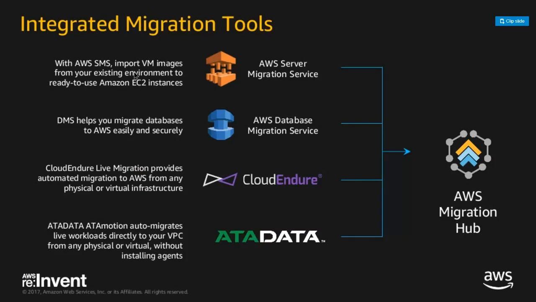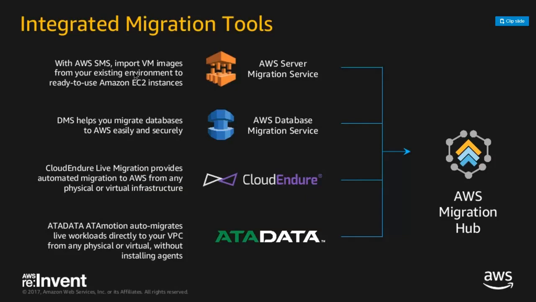Second thing is there is no licensing cost for this tool. This tool is also free. Isn't that amazing? Amazon is giving you a free tool to migrate. But there is a catch. The catch here is it can only migrate from a Hyper-V and VMware environment to AWS.